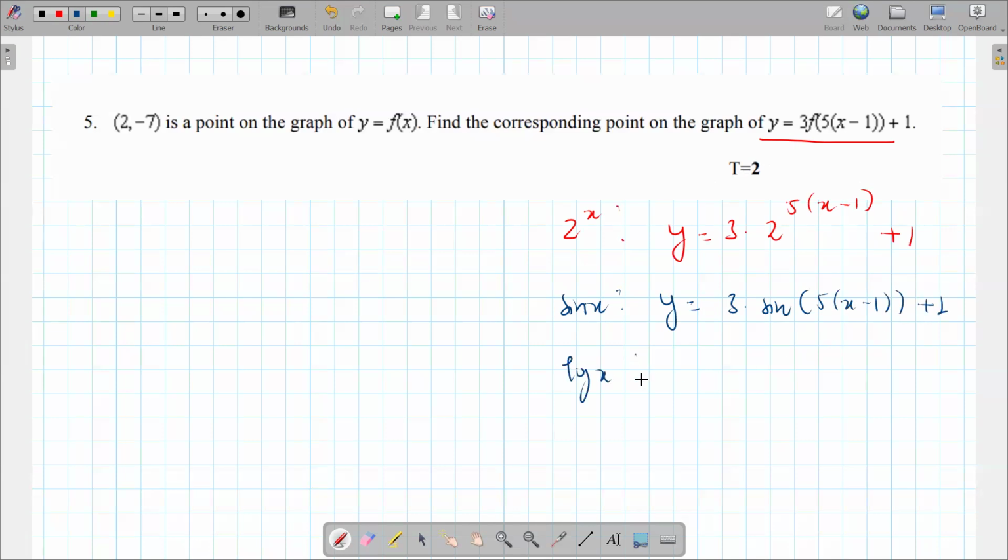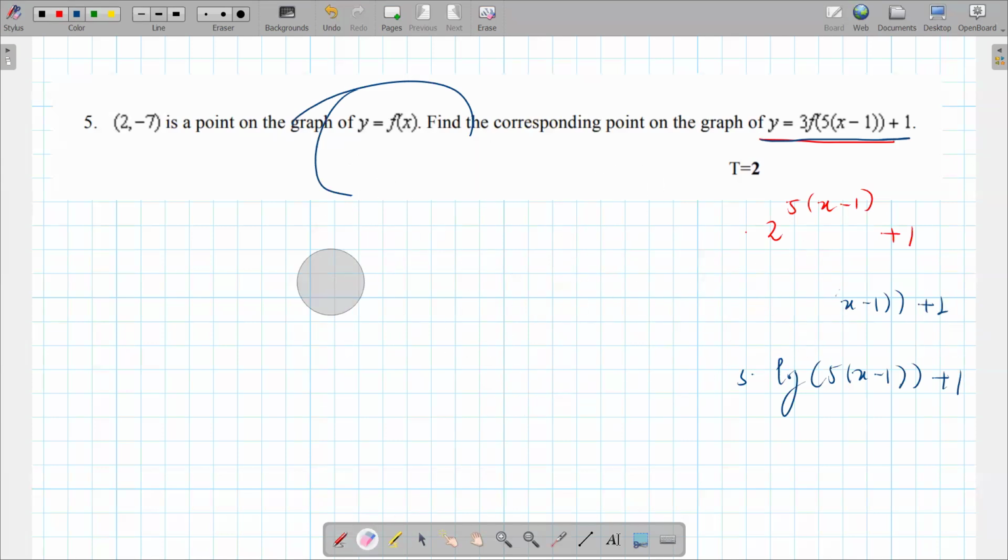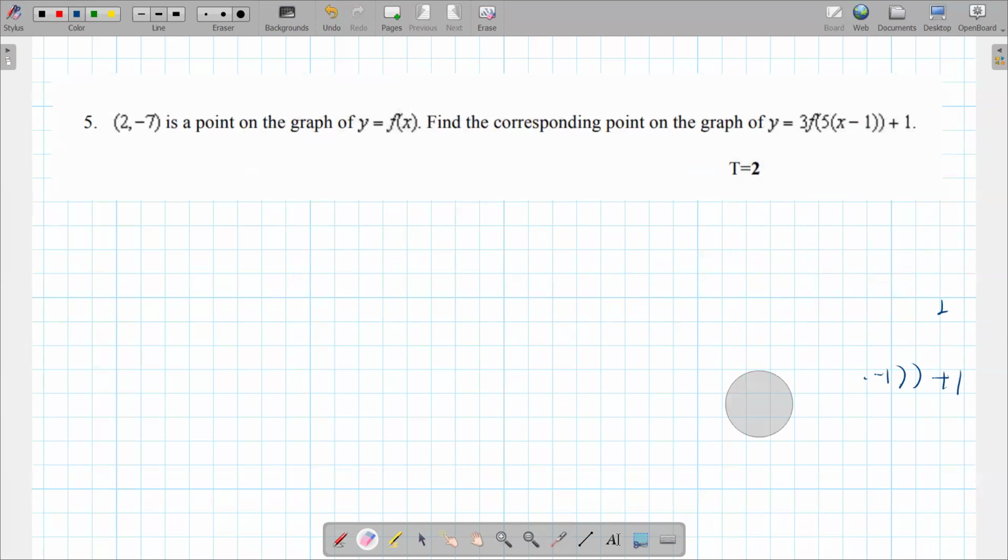Log of x, y equals 3 log of 5x minus 1, plus 1. So this doesn't tell you the function. This does, but we don't know what it is. So in this question, we have no idea what the parent function is. But that doesn't really matter. All we're asked is, we have this point on the parent function. What is this point going to be in the transformed function? All right. How do we do this?